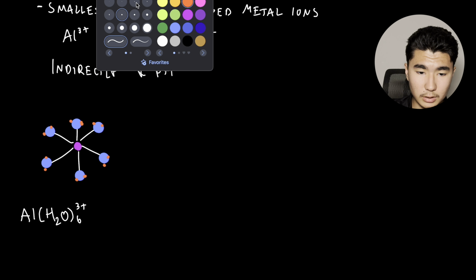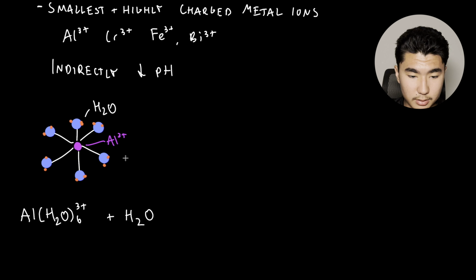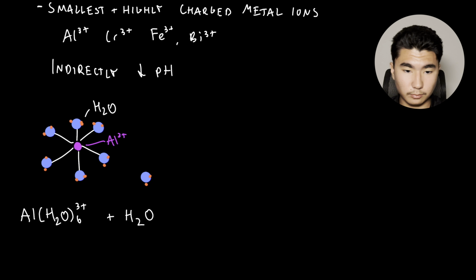So let me change this over here. This is going to be our aluminum 3+ bonded to all these waters, and I'm just going to write this down as water over here. And these are our waters, and the reaction is going to be in water. So let me actually just copy this, and let's cut this out.